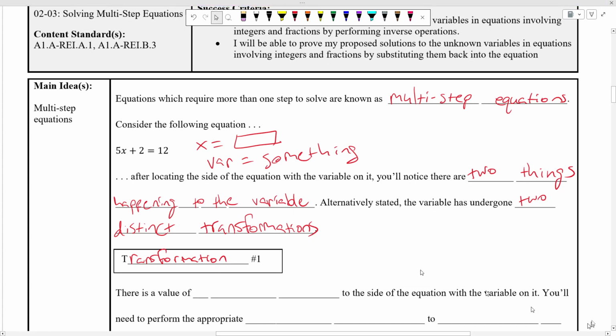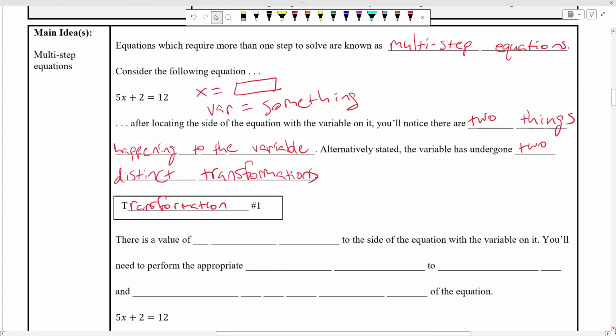And I'm going to go ahead and say that transformation number one, again, doesn't matter which one you label as one or consider to be one, but I'm going to go ahead and say that there is a value of 2 being added. All right, so the plus 2 here. I'm going to go ahead and say that's my transformation number one. There's a value of 2 being added to the side of the equation with a variable on it.